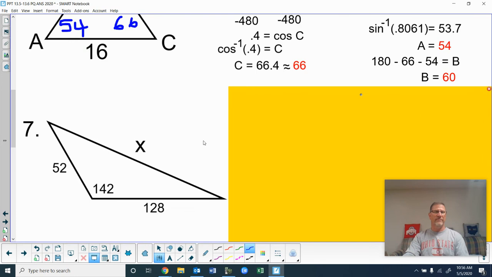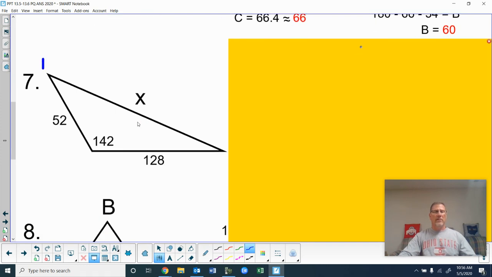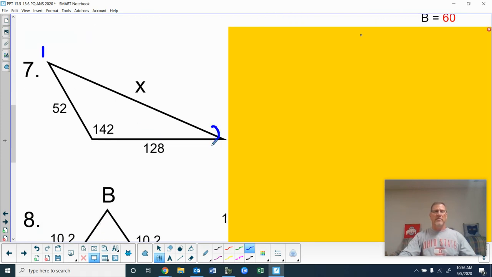All right, number 7 is a word problem. It says a ship at sea is 52 miles from one radio transmitter and 128 miles from another radio transmitter. All right, so over here is one transmitter, and over here is the second one.